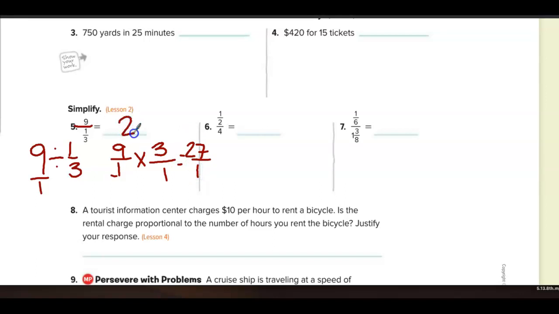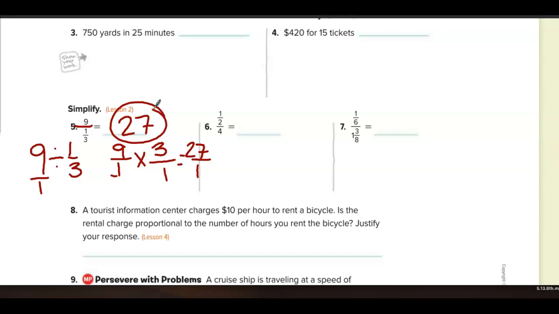So my answer is just 27. Questions on that one? Yeah. No, because when you divide, it actually becomes multiplication. Because if you reduced it, you would have got an answer of 3, but our answer is 27.